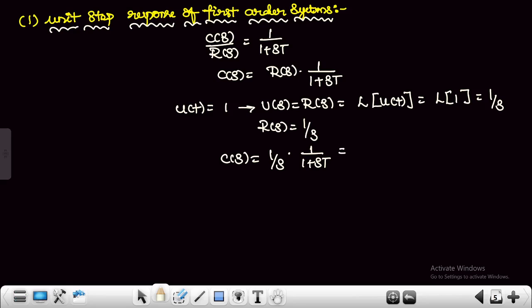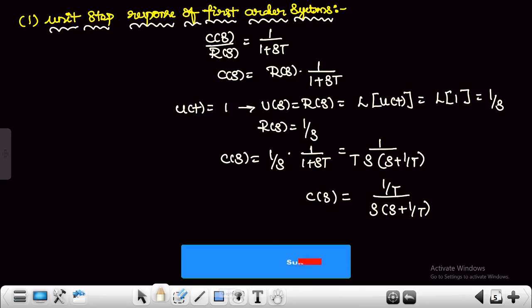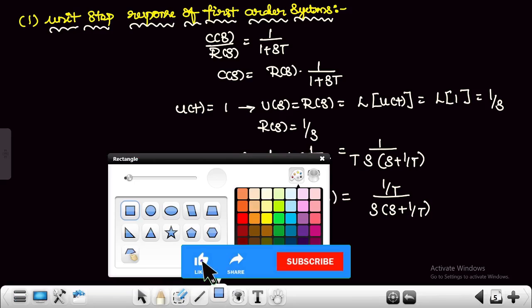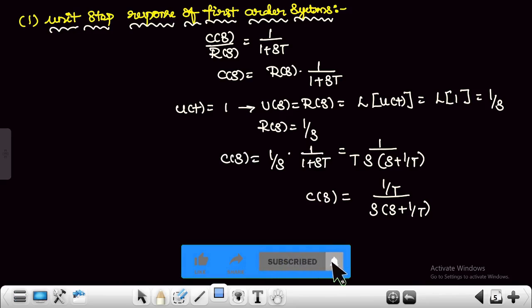So let us convert this. 1 by s into, let us take T as common from the second one, so you will get s plus 1 by T. This can be written as 1 by T divided by s into s plus 1 by T. So now you can define C of s very easily, how many poles and how many zeros there are.